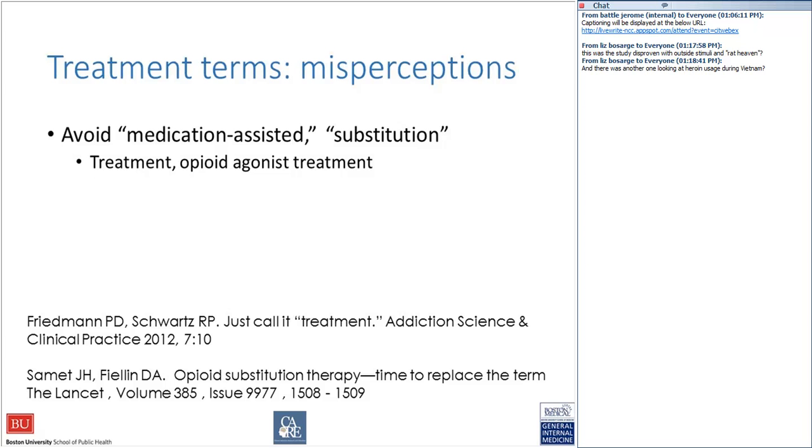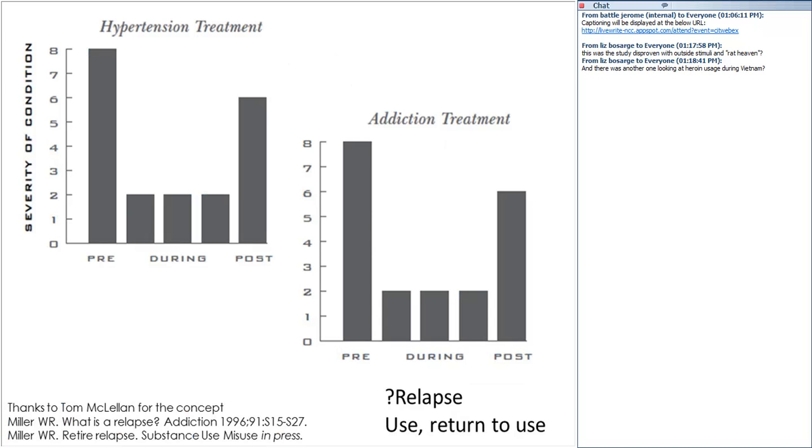They don't produce all the other metabolic derangements that short-acting agents like heroin can produce when used outside of medical supervision. And so, instead, we should just call these medications or treatments or opioid agonist treatment. Even the World Health Organization has now decided that it's not a good idea to use the term substitution anymore, and there are a few references on the slide calling for that.